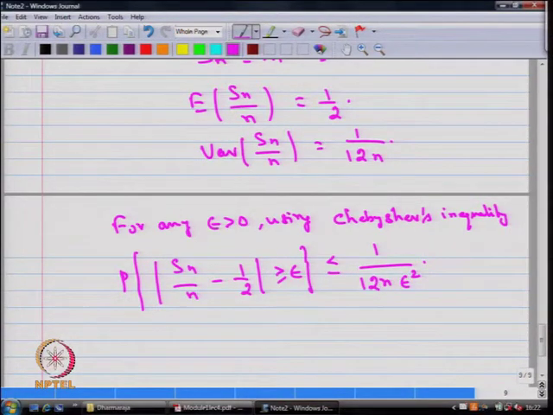I am using the Chebyshev inequality by knowing mean of Sn by n is 1 by 2 and variance of Sn by n is 1 divided by 12 n, I get this inequality.